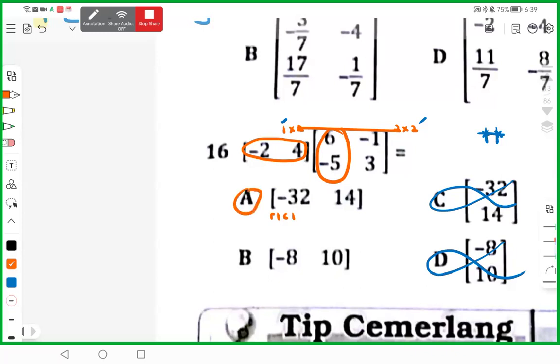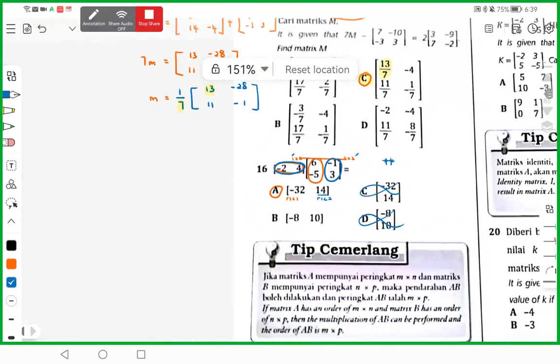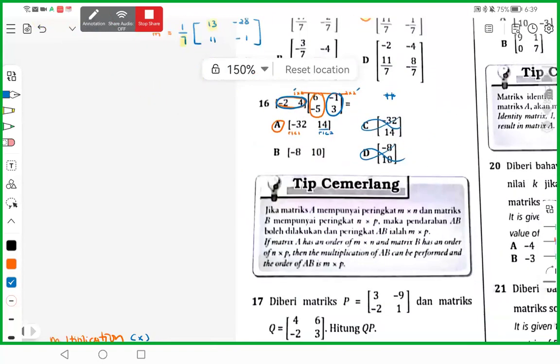Answer is A. So to get the second element here, row 1, column 2. -2 times -1 plus 4 times 3. So I just proceed.